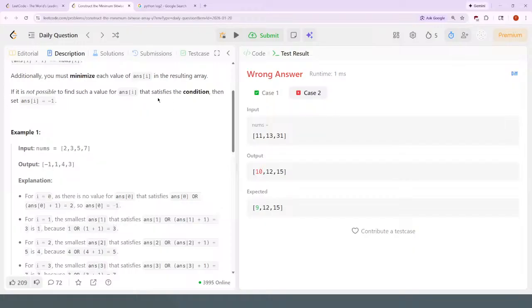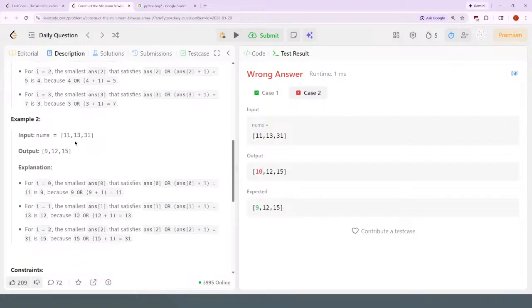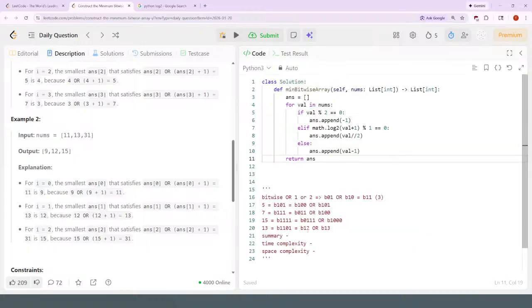Oh, shucks. 11 is 9. Okay, guess I didn't do my logic correct. So 11 in binary is going to be 8, no 4s, 2, 1, 1. The smallest thing here is 9.